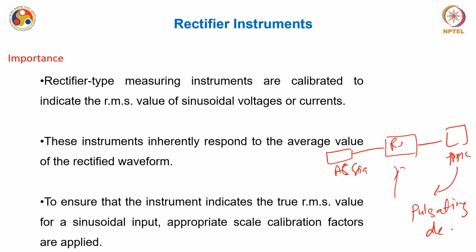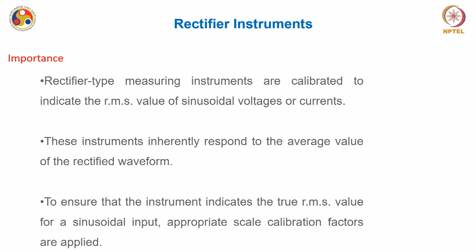So these rectifier type measuring instruments are calibrated to indicate the RMS value of the sinusoidal voltage. These instruments inherently respond to the average value of the rectified waveform. To ensure that the instrument indicates the true RMS value for a sinusoidal input, appropriate scale calibration factors are applied.